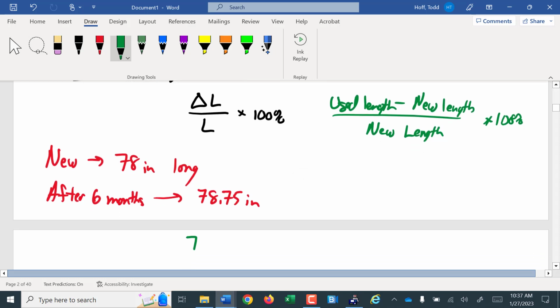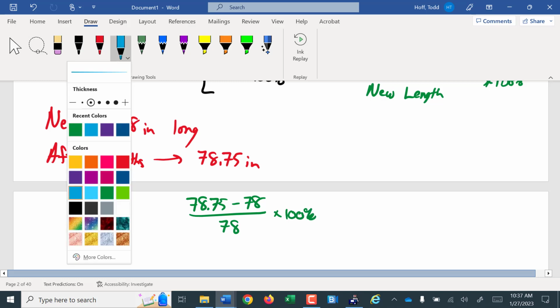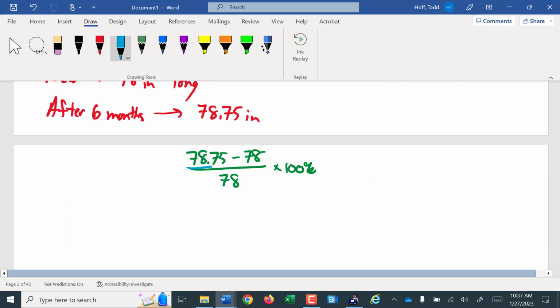So our elongation is the used length, 78.75, minus the new length of 78. Then we'll divide that by the original length of 78 times 100%. So the 78.75 minus 78 is 0.75 over 78 and then times the 100%.